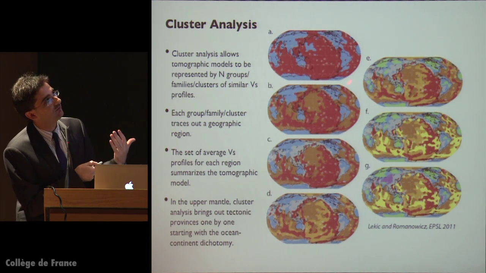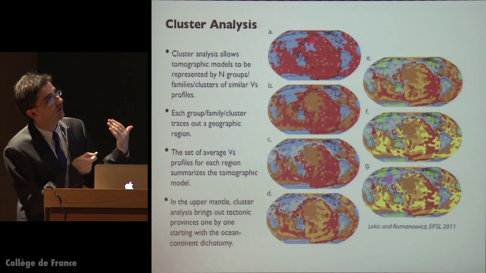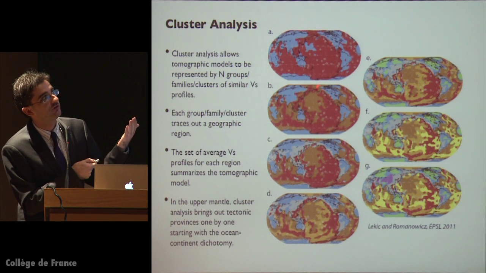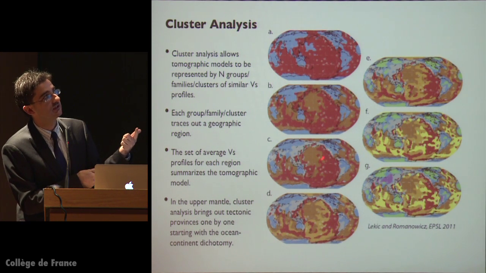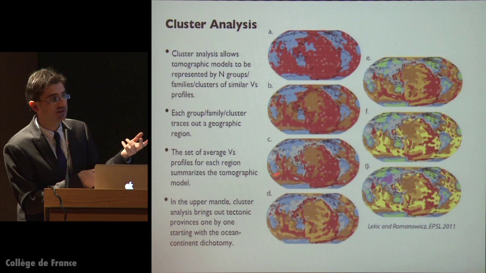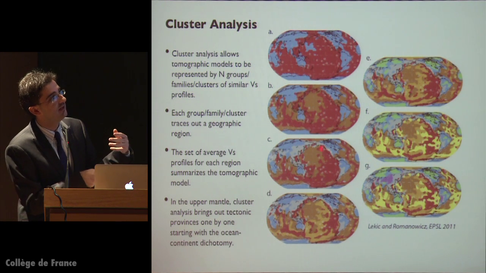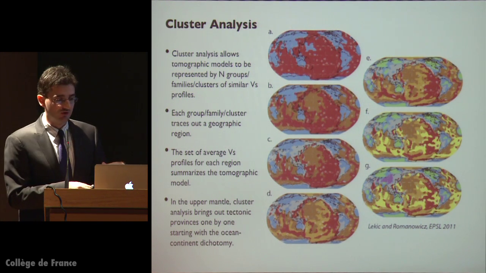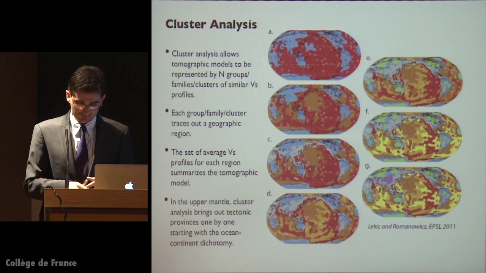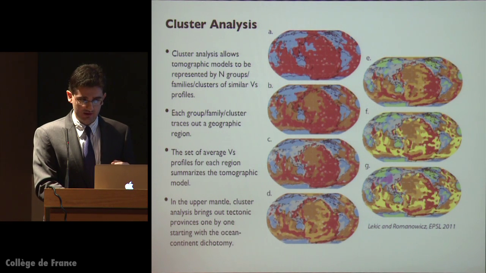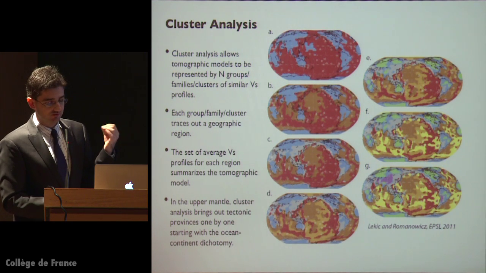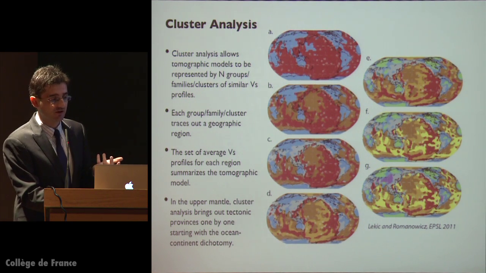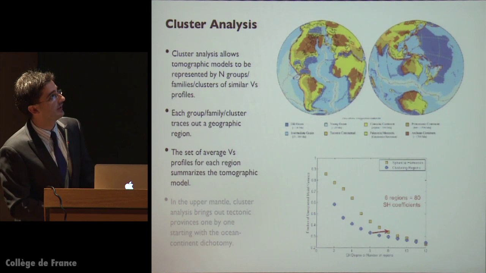So when you divide up Earth structure into 2 regions, you get the ocean-continent dichotomy. If you add a 3rd region, you separate the young oceans from the old oceans. A 4th region allows you to bring out the portions of the continents that are tectonically modified, and so on and so forth. So it seems that in the upper mantle, the results of cluster analysis are interpretable in terms of tectonics.